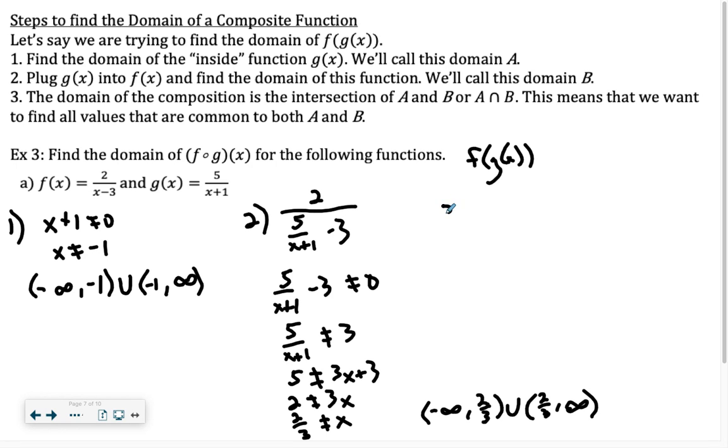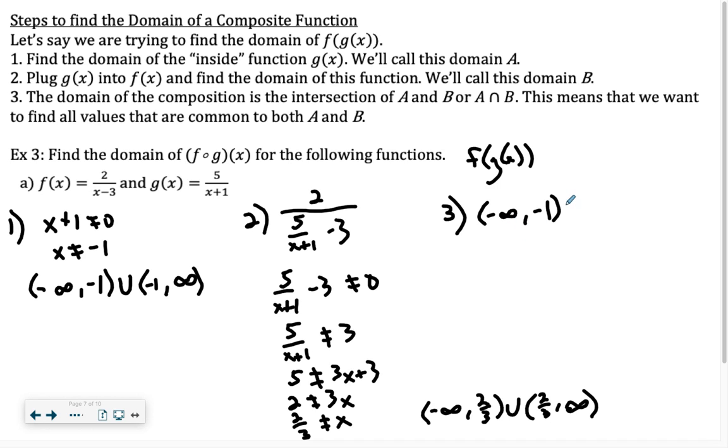So my final answer, right, the intersection of these two sets would look like this, going from negative infinity to negative 1. And I'm putting negative 1 first because that's the smaller of the two values that I'm skipping. We do need to make sure that we're going in order when we write these.